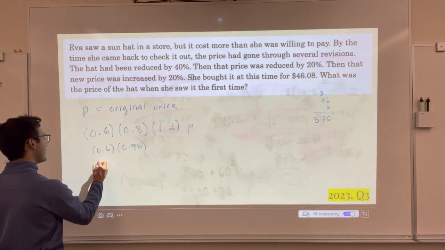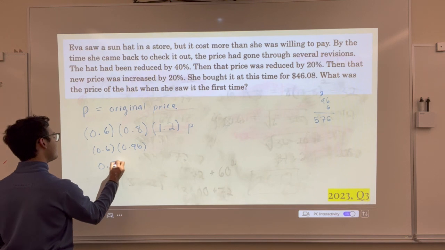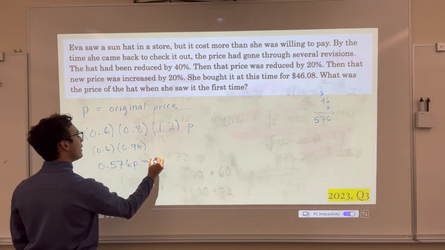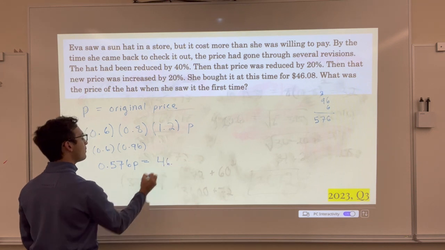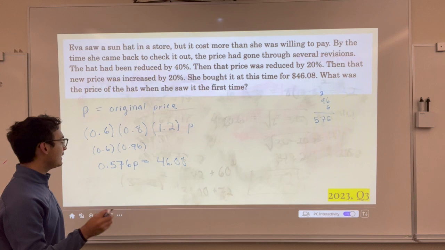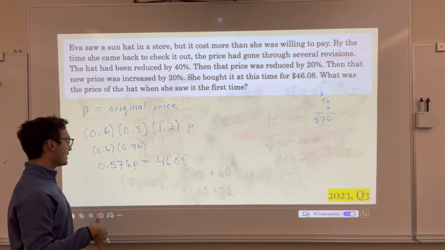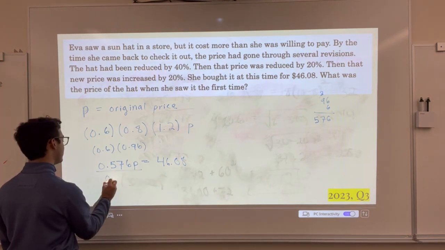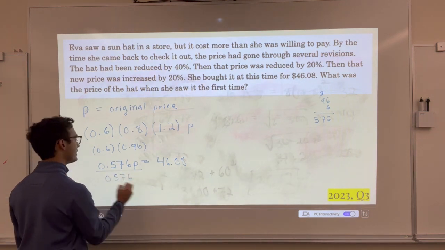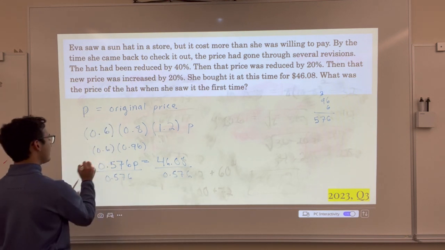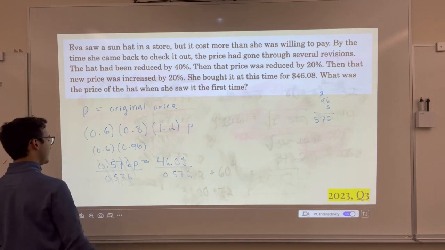So we get that 0.576p is equal to 46.08. Now, all we have to do to solve for p is divide both sides by 0.576. Let's do that. Divide by 0.576, divide by 0.576, and we should be left with just p.